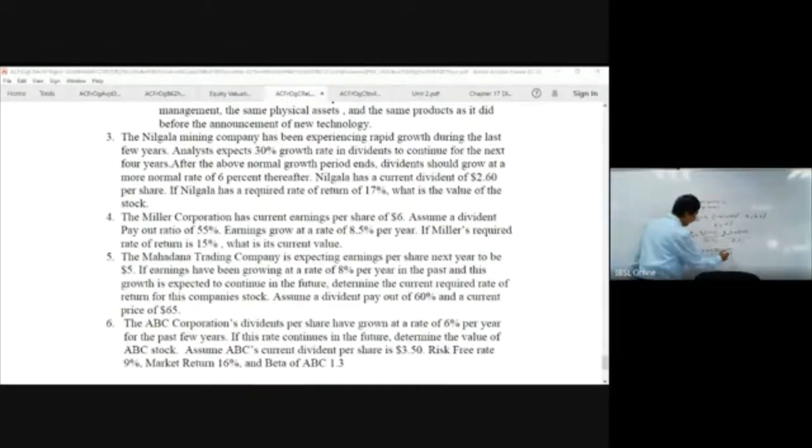In the denominator, you get K minus G. What is K? 15%. G is 8.5%. 15 minus 8.5 would be 6.5%. That is 0.065. If you do the calculations, you will get that answer.